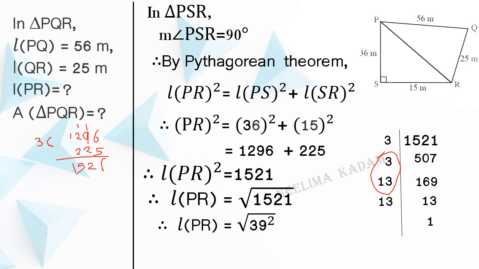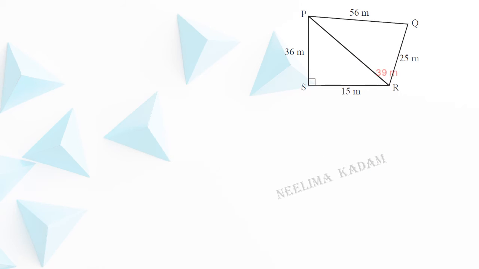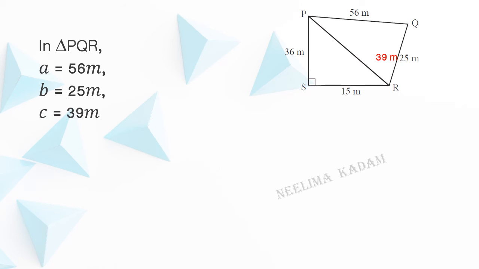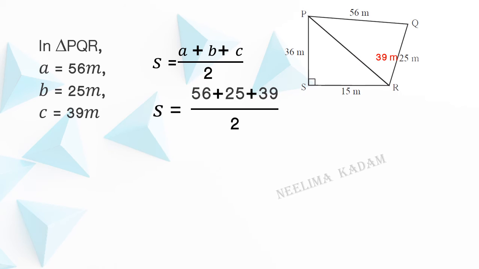Okay. Now in triangle PQR, PQ is there, QR is there, PR is there. So PR is 39 meter. Triangle PQR, A equal to 56, B is equal to 25 and C is equal to 39 meter. First we will find out semi-perimeter. S is equal to A plus B plus C upon 2, which will be equal to 56 plus 25 plus 39 upon 2.